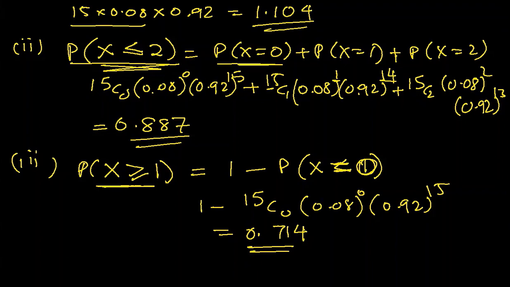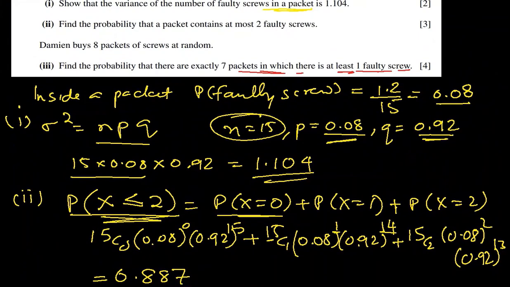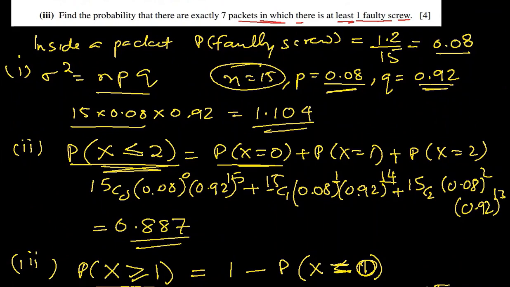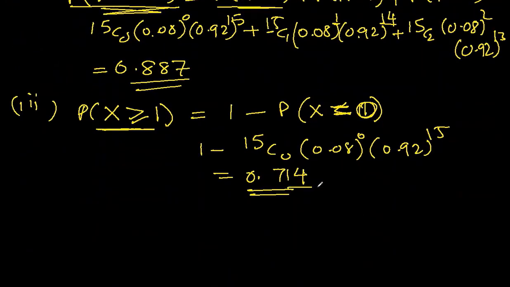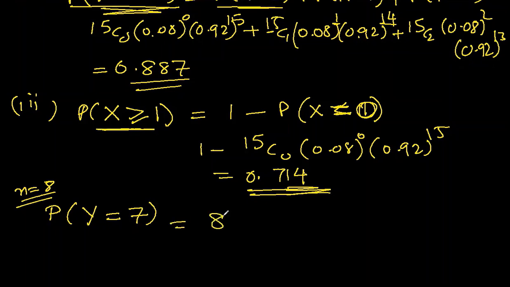Now we have 8 packets chosen and we want exactly 7 to have this probability. So basically probability of, let's call it y this time, y equal to 7, and total n is 8. Now we are choosing 8 packets, so it will be 8C7, 0.714.